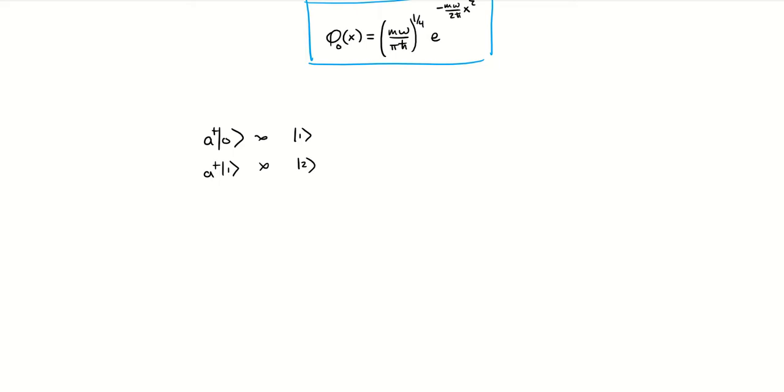We can take this raising operator and act on all of these states to get the full spectrum of wave functions. But we have to be careful. This is only proportional to, so we need to determine what that proportionality constant is, because we know these raising and lowering operators do not preserve normalization.